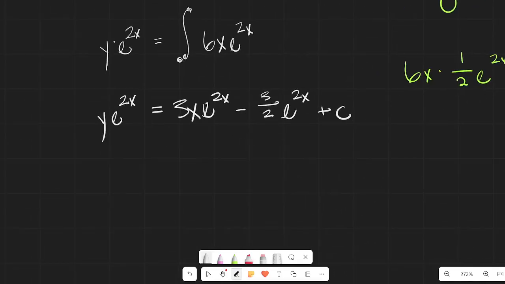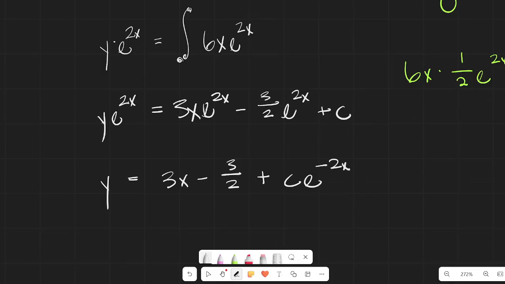If we divide through by e to the 2x, this is going to cancel, that's going to cancel, but we're going to keep this term in terms of e to the 2x. So I'm going to write that out. We have y equals 3x minus 3/2 plus c e to the negative 2x.